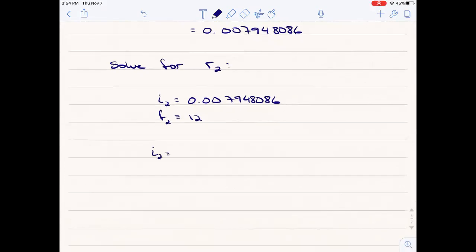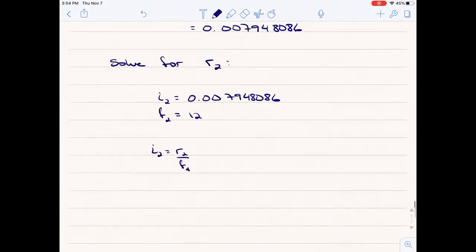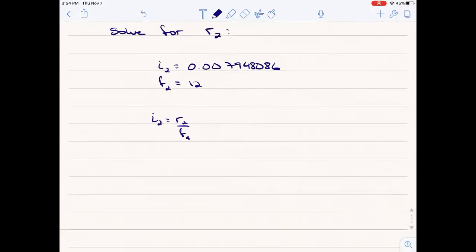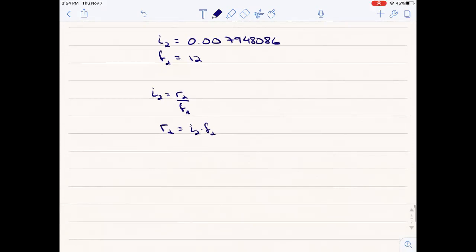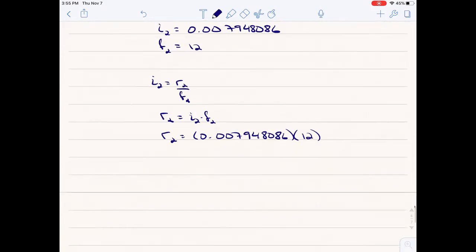And we know I2 is R2 over F2, and so R2 must be I2 times F2. So R2 must be 0.0079480886 times 12. So you've got that on your screen, as long as you remember to subtract the 1, times 12. So R2 is 0.095377036.